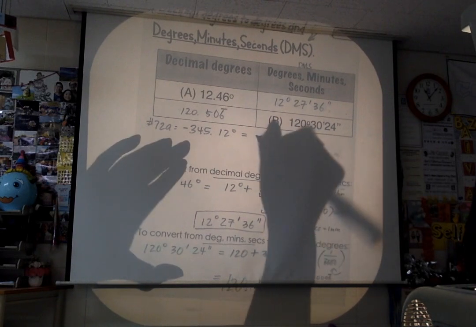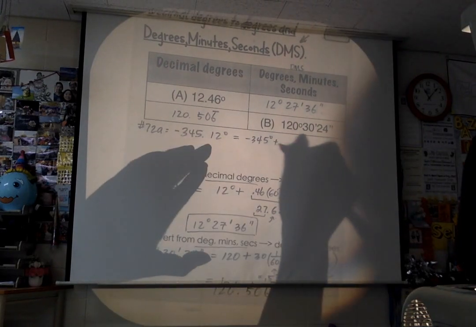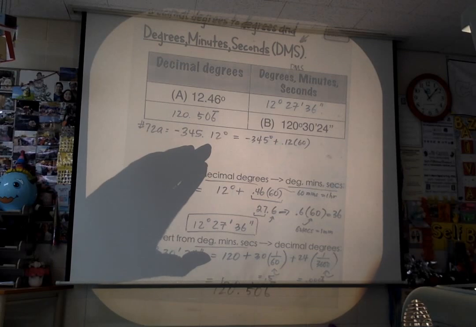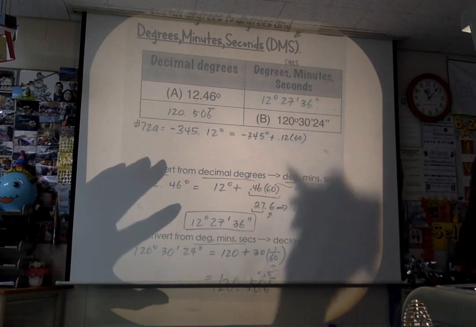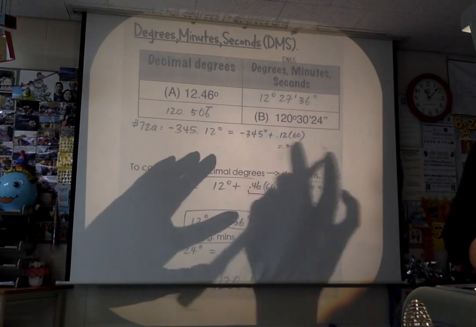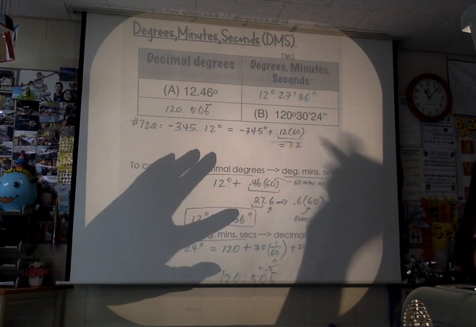Okay, so we're going to continue this. I'm going to go 345. We already have that. And I'm going to go 0.12 of 60 minutes. This is equal to 7.2.